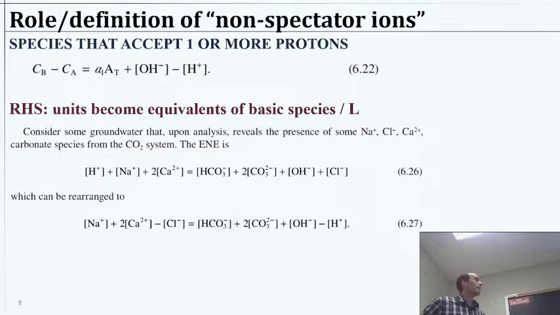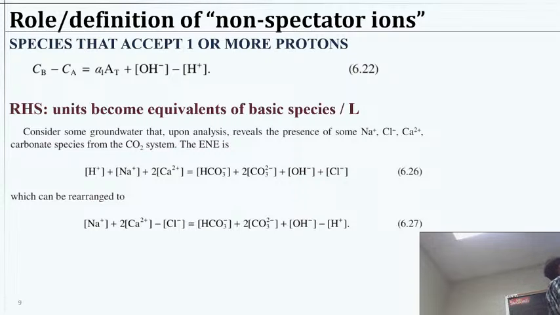Sorry, I got myself confused. These are the non-spectator ions. I was thinking we're talking about the left side, but this is the non-spectator, that's all on the right side. So on the right side, these are all species that accept one or more protons. That's kind of the definition. That's the whole conversation I was talking about: by adding a proton, they can accept it.